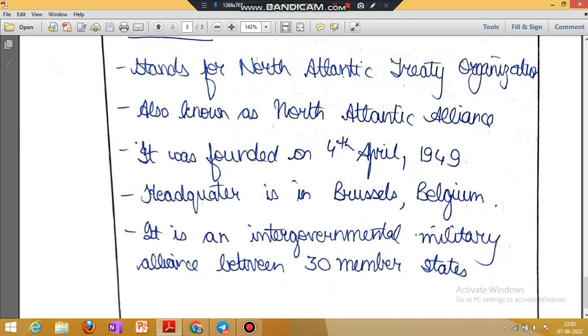So this is a conflict which was there, and which has led to the present conflict between Russia and Ukraine. It's been many days and the conflict is still going on. So NATO can also be an expected question on 28th of August.